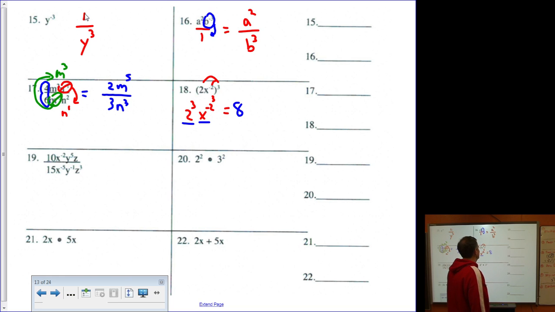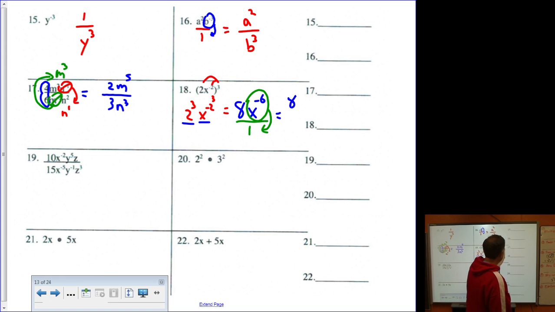The x to the negative second to the third, I would multiply the exponents together and I would get x to the negative 6th. But now I can't finish with a negative exponent, so I need to make this into a fraction and take its reciprocal. So my final result would be 8 over x to the 6th.